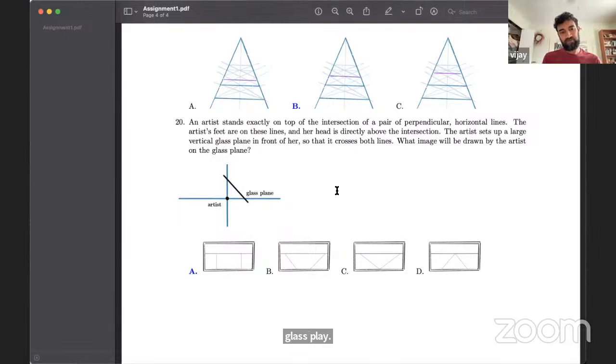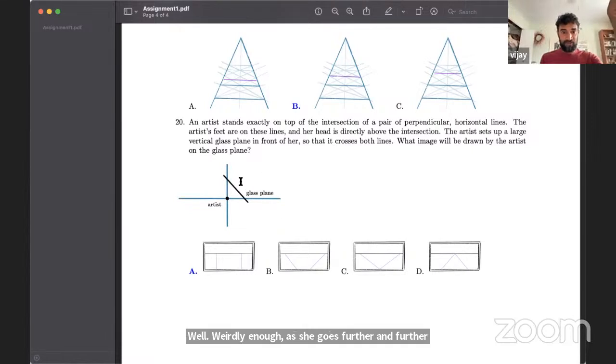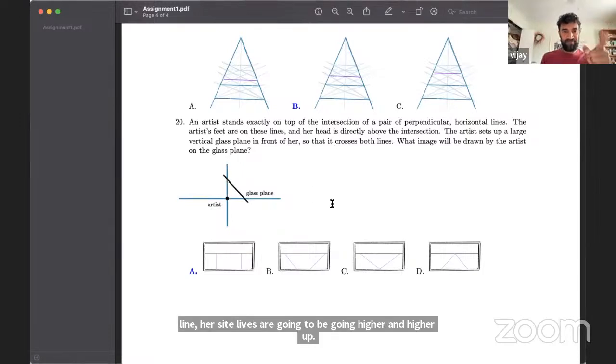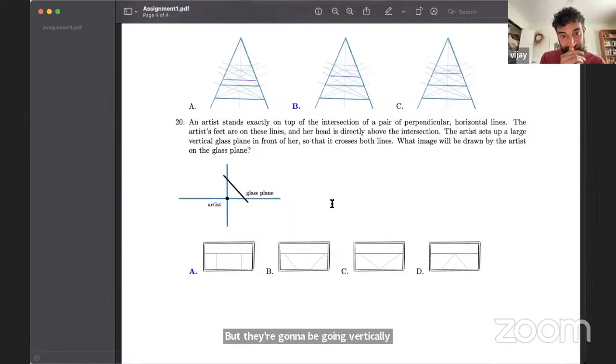Well, weirdly enough, as she looks further and further down this blue line, her sight lines are going to be going higher and higher up. But they're going to be going vertically up. And the reason for that is that she's standing on this line. So her sight lines, as she's looking further and further down the line, are always going to be in the vertical plane that intersects this blue line.